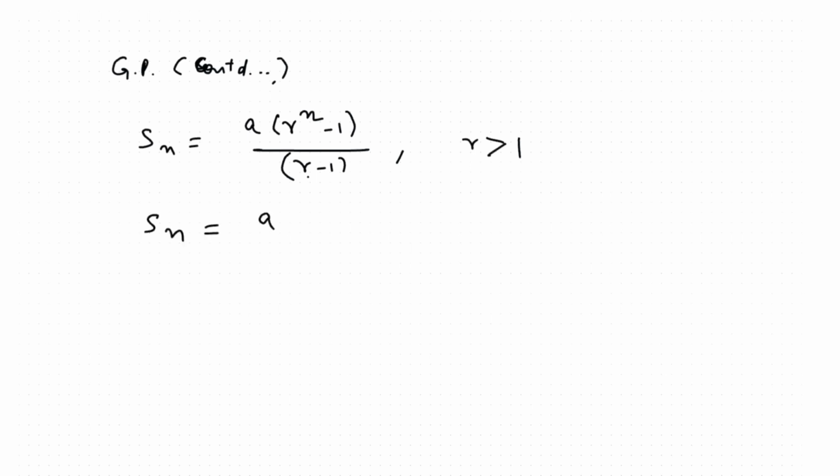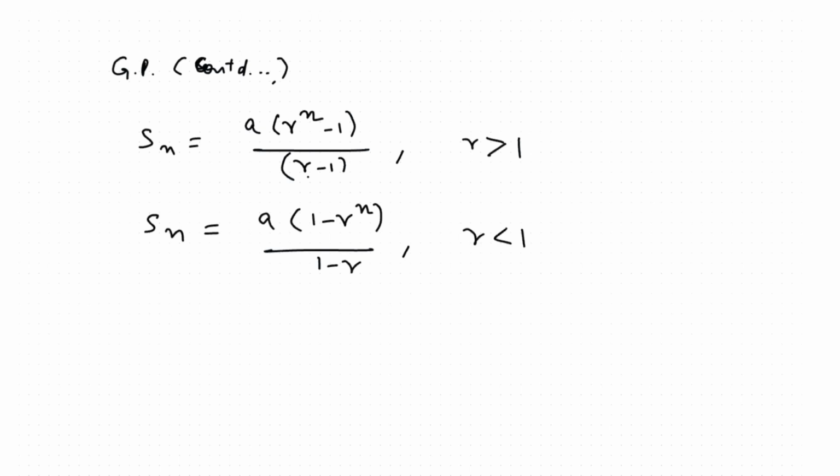The expression was Sn = a(r^n - 1)/(r - 1), where r was greater than 1. The second expression was a(1 - r^n)/(1 - r), where r was less than 1.